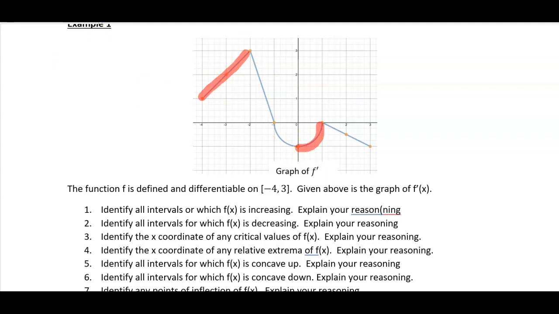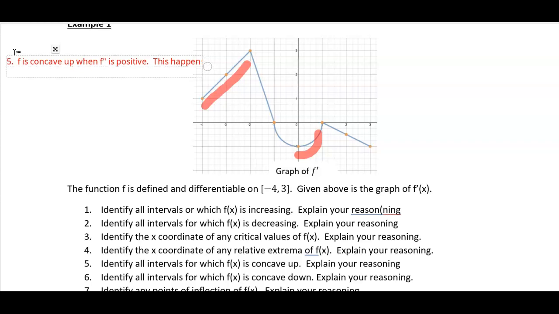So we need to write that out as an answer. So here's how we'll do that. Number 5. F is concave up when f double prime is positive. This happens. Now the next part I'm going to say, but I'm not going to write because it's not required. But this happens when f prime is increasing. But we don't need to say that.